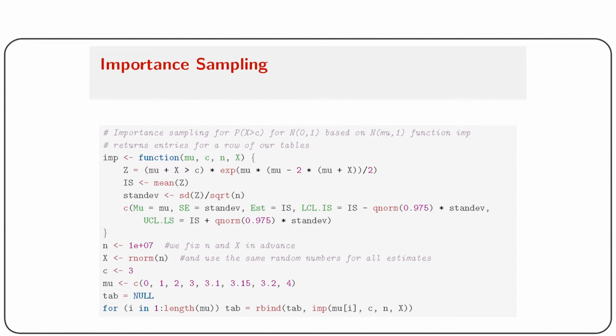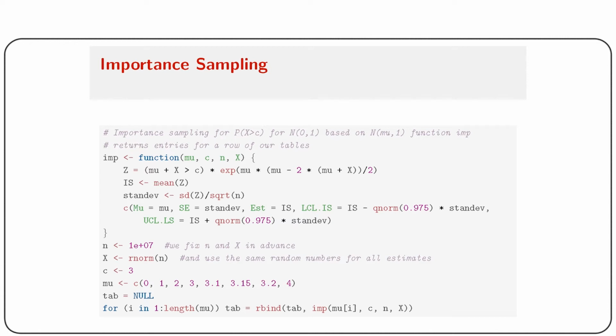So first let's see how it can be implemented in R: importance sampling for the probability of X greater than c for normal(0, 1), based on normal(mu, 1) functions. First let us define the IS function, where the passed values are mu, c, n and x, where z equals (mu plus x greater than c) times e to the power mu times (mu minus 2 times (mu plus x)) divided by 2, and then is is the mean of z. The standard deviation is the standard deviation of z divided by the square root of n.